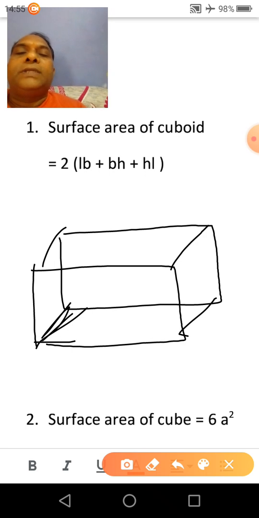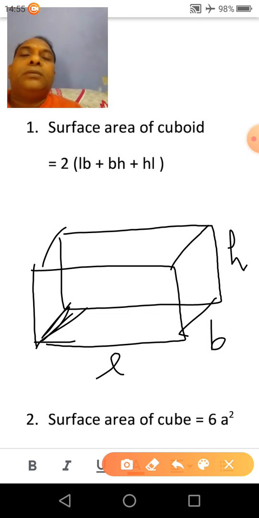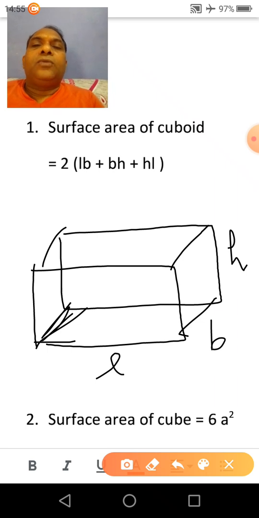So firstly, L, B and H. So in cuboid, 2 opposite faces are equal. Means areas of 2 opposite faces are equal.